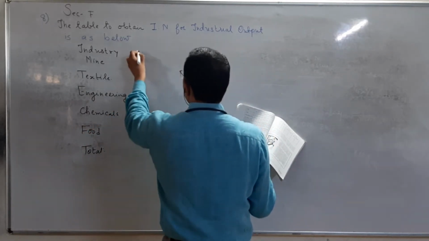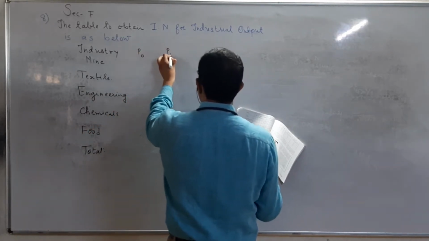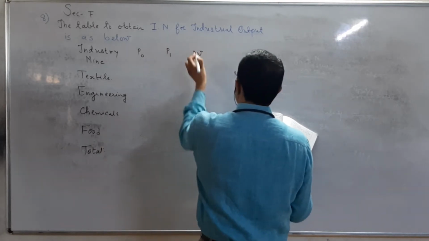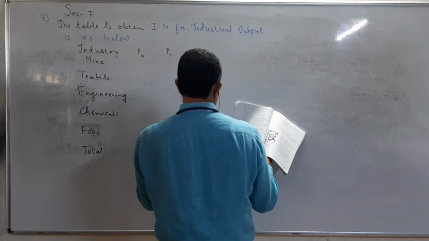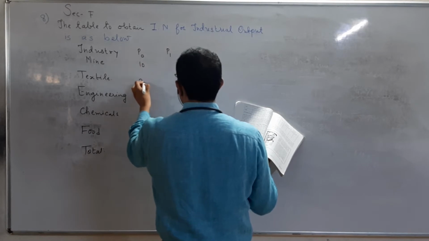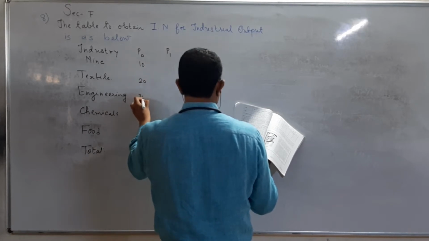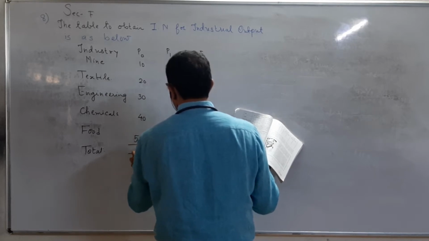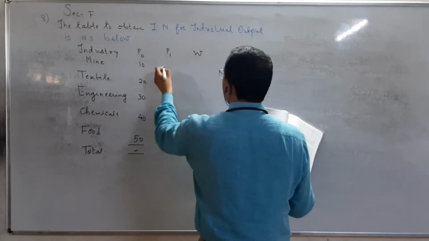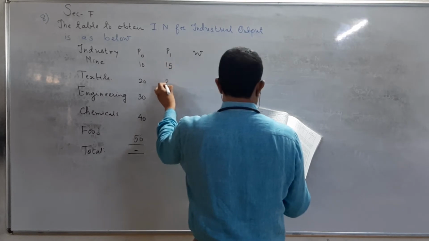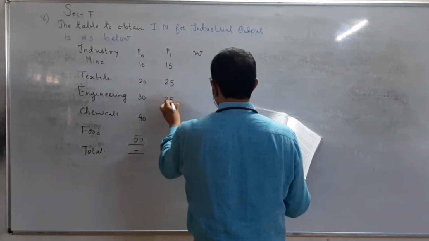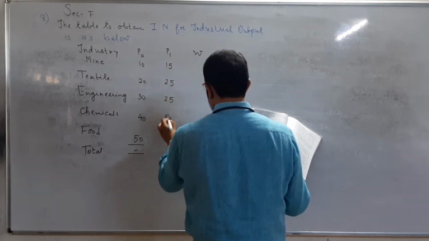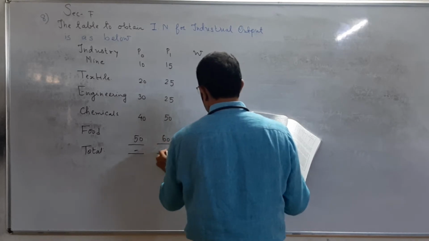Unit as such has no impact. Base year's production is P0, current year's production is P1, weights are W. P0: 10, 20, 30, 40 and 50. P1: 15, 25, again 25, 50 and 60.